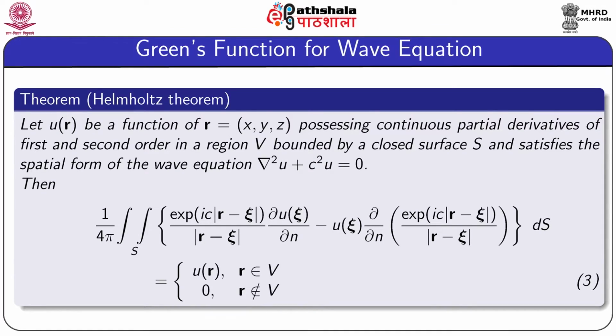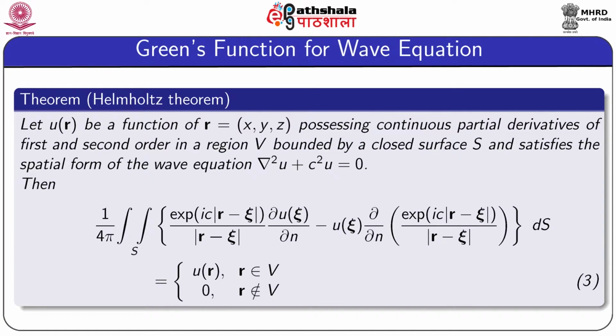Now, I am going to state Helmholtz theorem. It says that let u r be a function of r possessing continuous partial derivatives of first and second order in a region V, which is bounded by the closed surface S, and this u satisfies the Helmholtz equation Laplacian square plus c square operating on u equals 0.